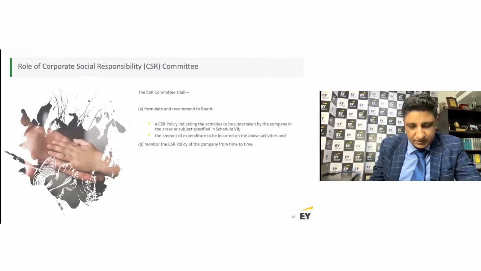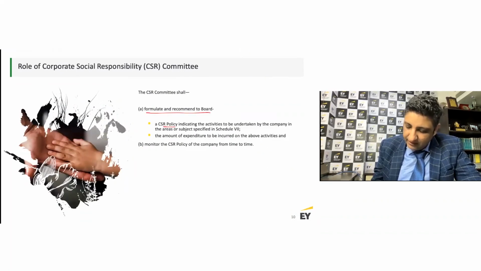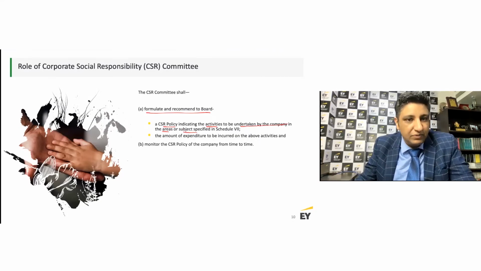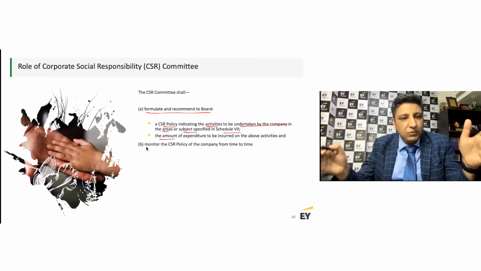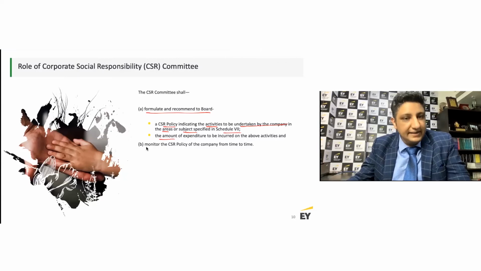We'll be seeing, of course, that Schedule 7 in some time, and the amount of expenditure to be incurred on the above activities. And of course, they are responsible directly to monitor the CSR policy. So the entire responsibility is put on the shoulders of the committee itself, right?